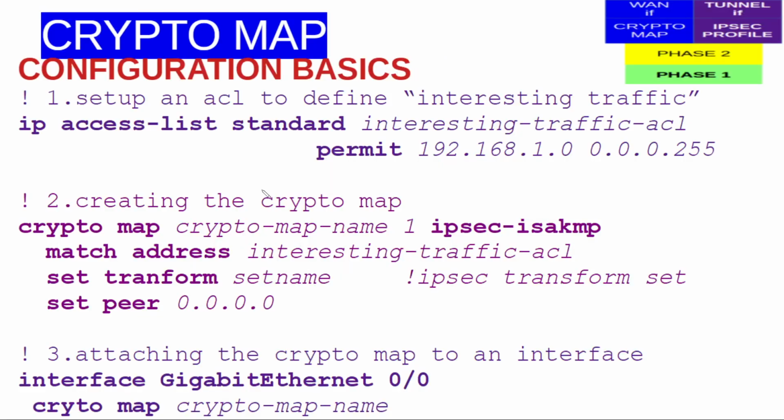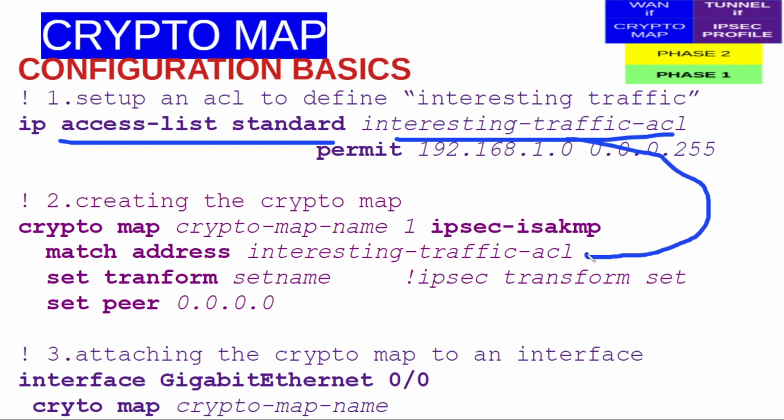So in summary, we are going to create an access list to define interesting traffic, which is the traffic that is going to trigger IPsec and is the traffic that is going to be protected by IPsec. We are going to use this access list when defining my CryptoMap.